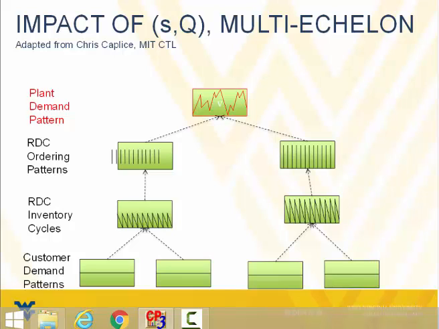And then what you see at the plant is a completely random, noisy demand that is very, very different from what the actual customer demand is. So the lesson that we learn is layers of demand or layers of inventory create lumpy demand.